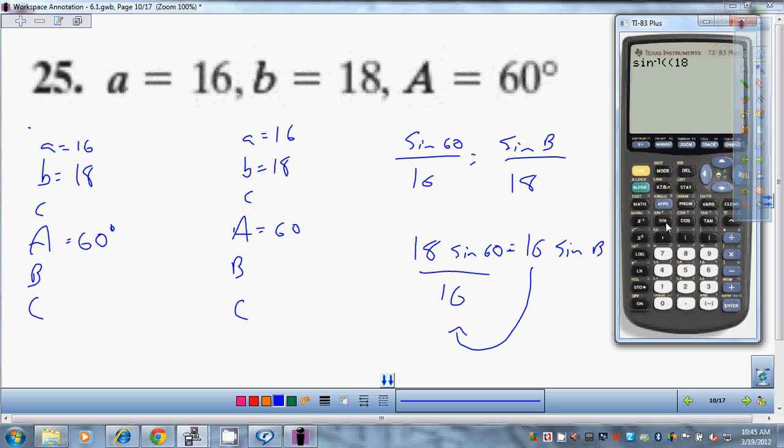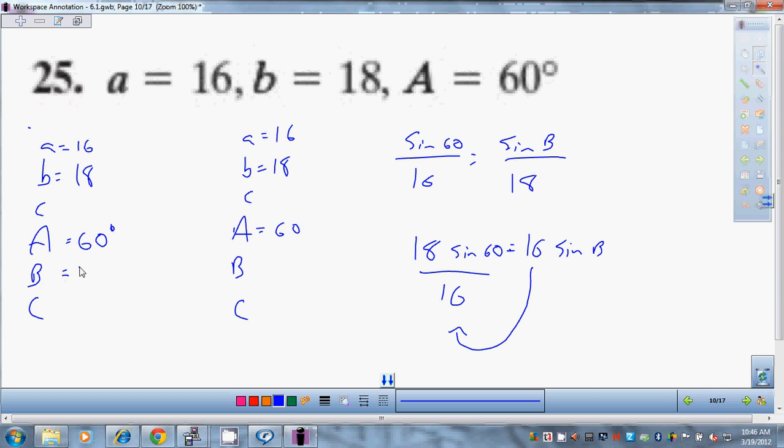Well, I'm going to go ahead and punch it in here just so people can see it. But yeah, nearest degree. Because we're looking for angle B, I'm just going to go ahead and sine inverse that whole side. So close off the angle, close off the numerator, divided by 16, close off the whole fraction, Enter. 77 degrees. Very good. So that is angle B.